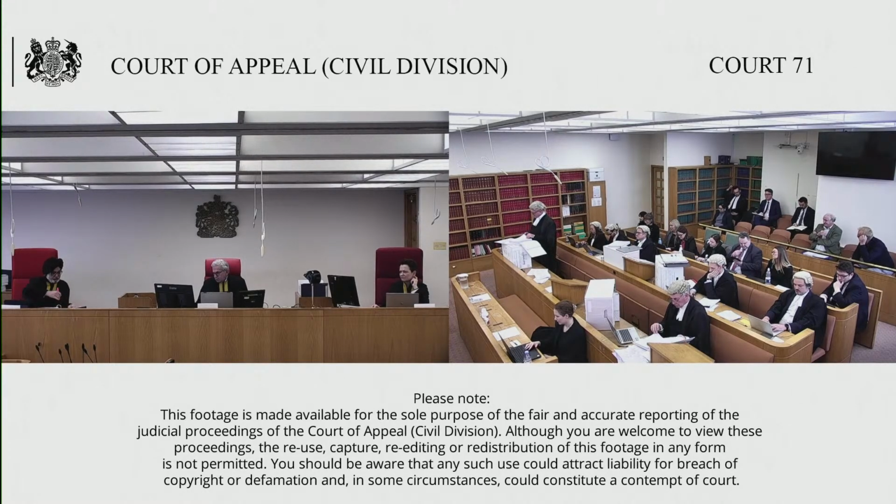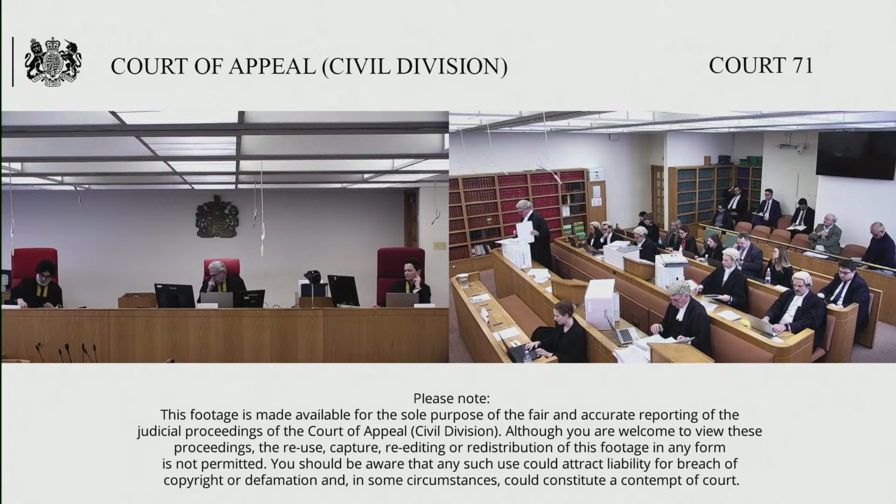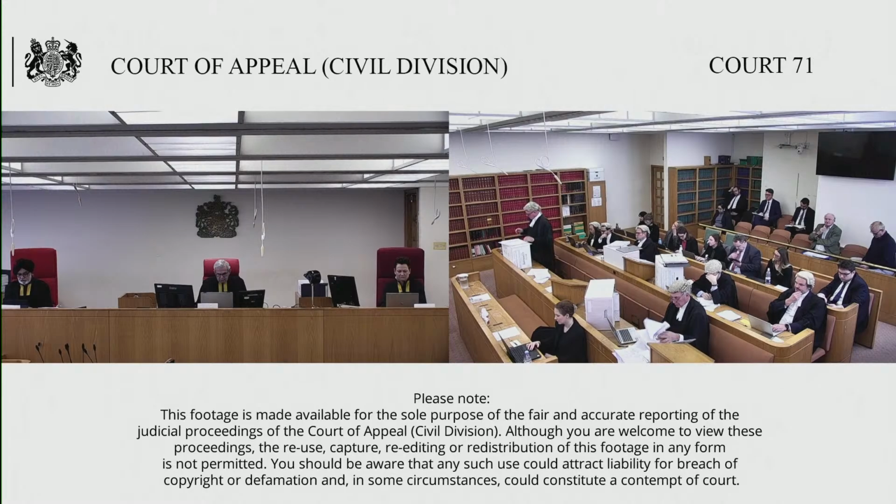It's also to be noted under this head that the connected with limb that we've just seen is a feature that appears, it's a point the judge noted, throughout the 2019 regulations and is used in a series of other contexts in that set of regulations.